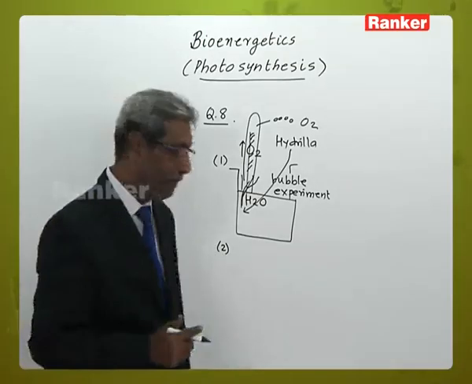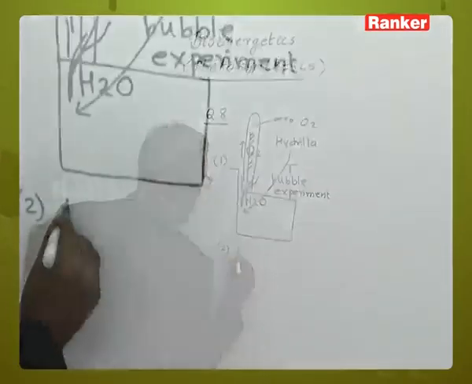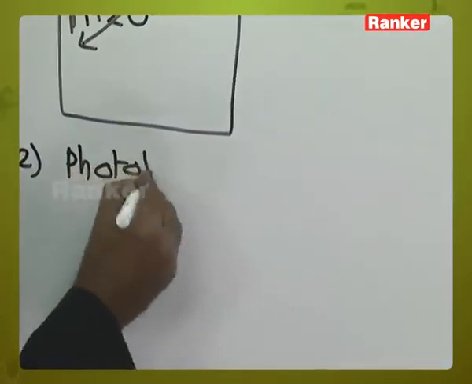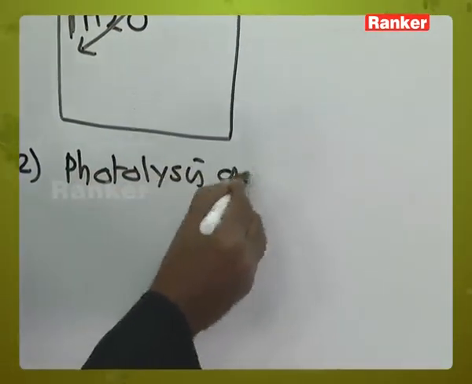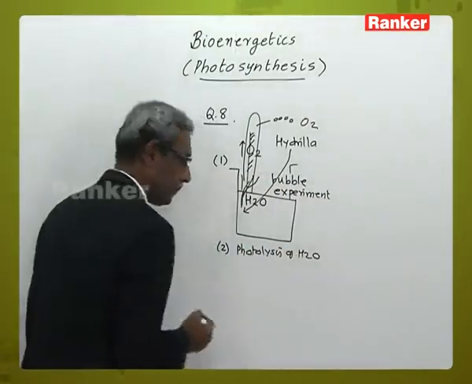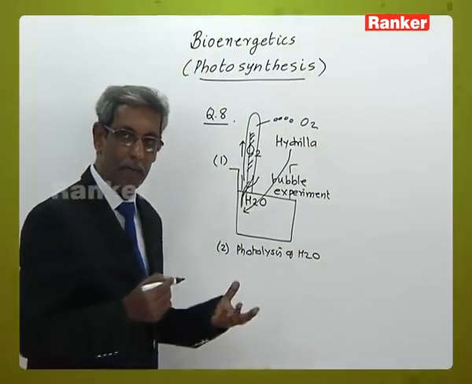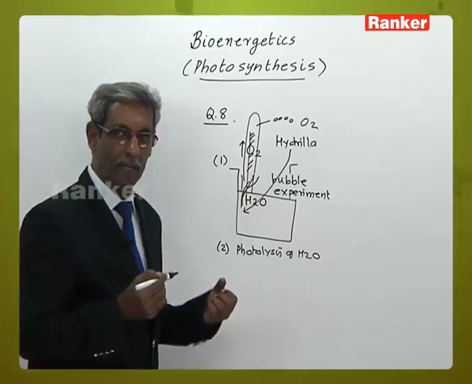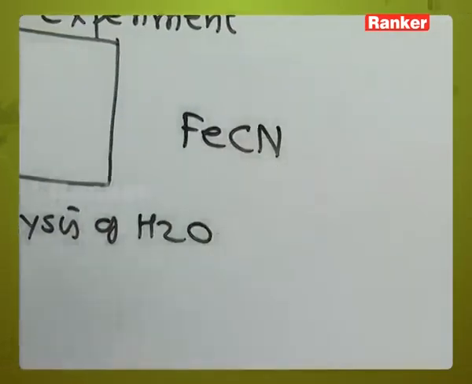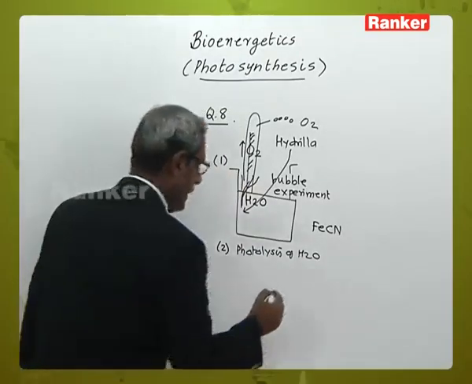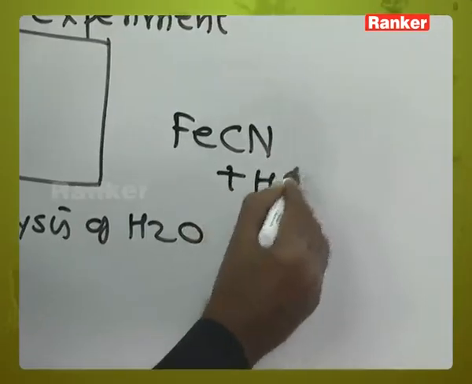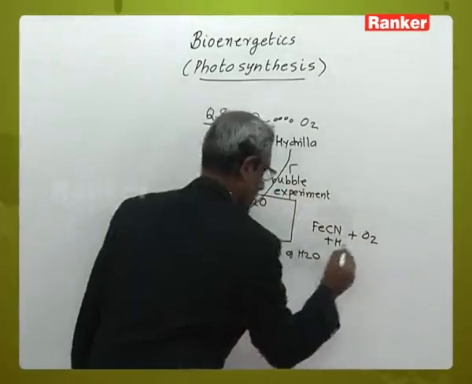The second way we know that the oxygen comes from water is the photolysis of water, when you use certain chemicals like ferricyanide. The ferricyanide can immediately take up the hydrogen, and there is liberation of oxygen.